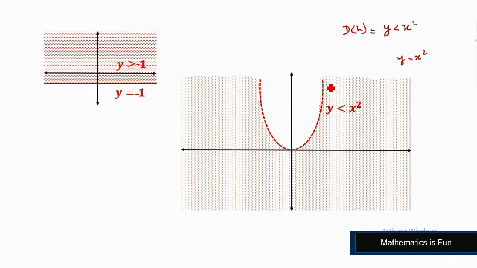Now here the important thing is why I used dashed lines instead of a solid line. Dashed lines mean these boundary points are not included in the domain of h because there is no equal sign used. So that's why the boundary y equal to x square is not included. So the domain of h is all the points below y equal to x square.